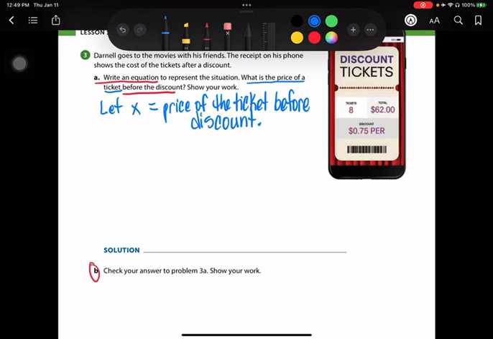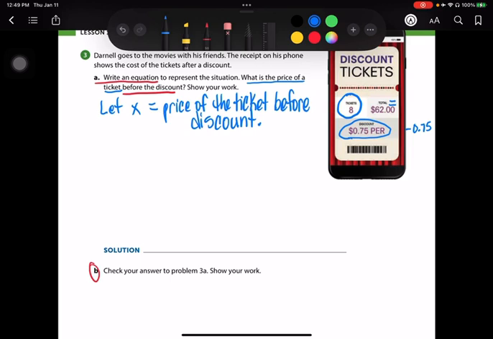It says that they bought 8 tickets. The total, so total means equal, and the discount is 75 cents. This 75 cents will be a negative 75 cents because it's a discount. It's a price taken off of the ticket.